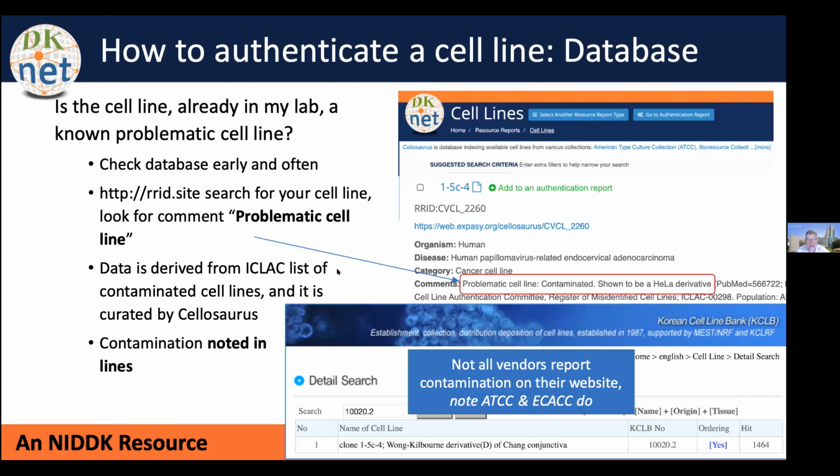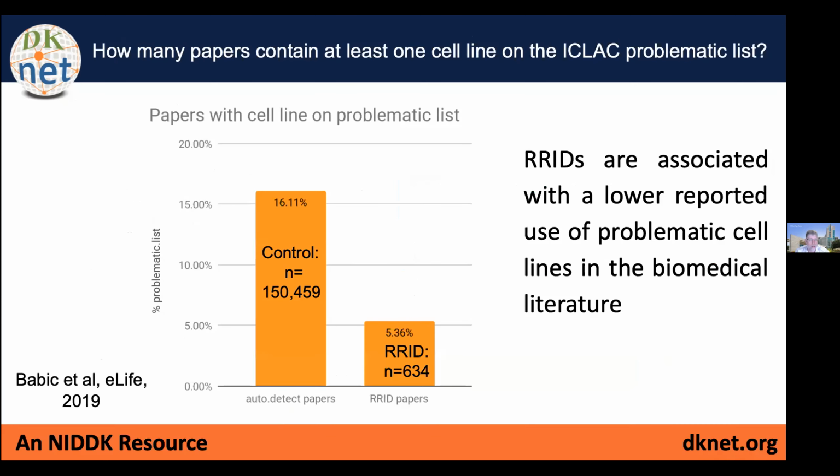This is where the resource reports come in. This is something that I showed you in the demo, and you can click back through to the ICLAC Cellosaurus site and get more information there.